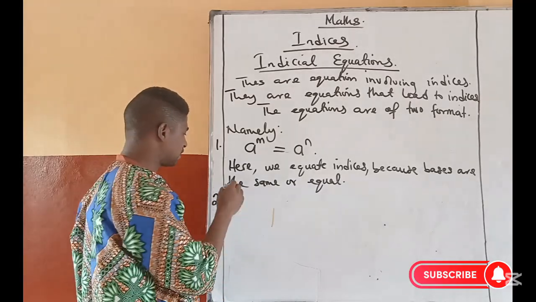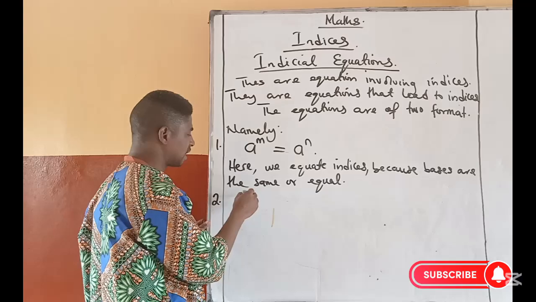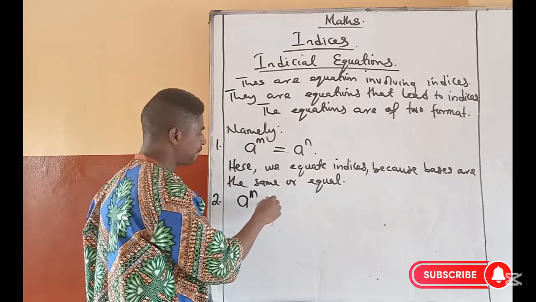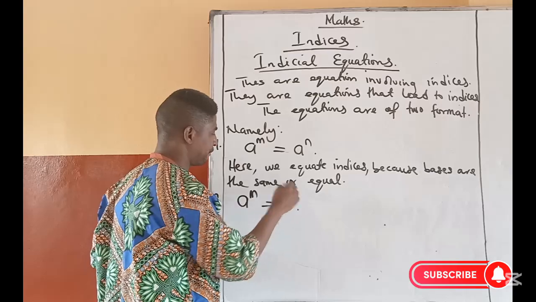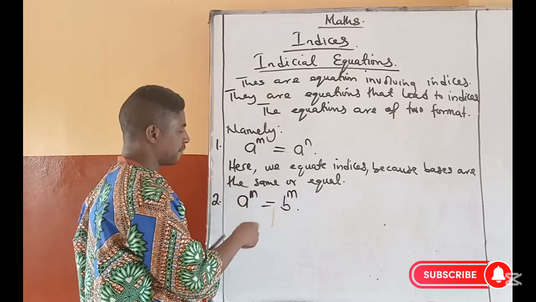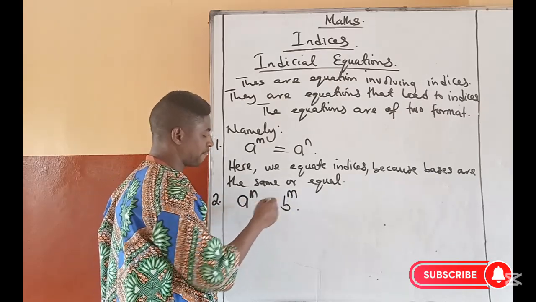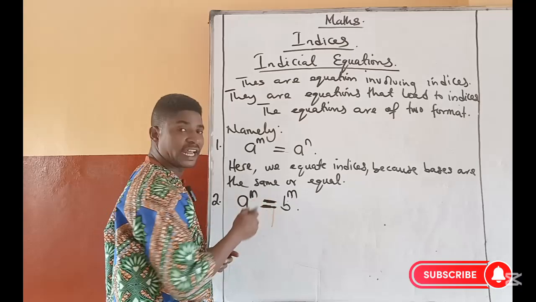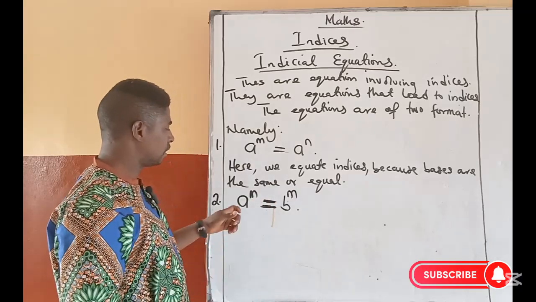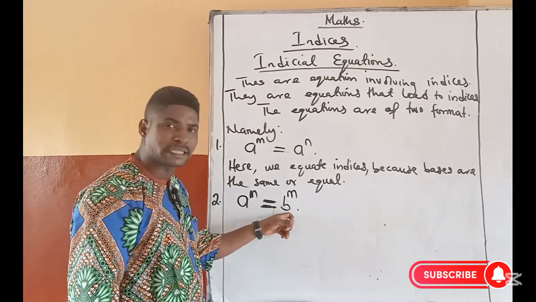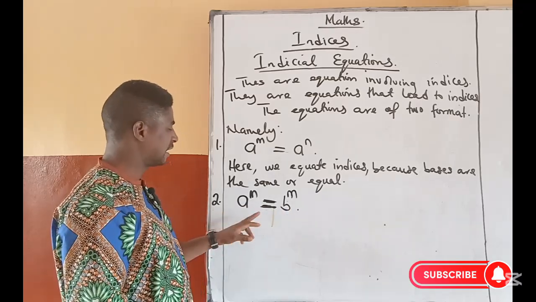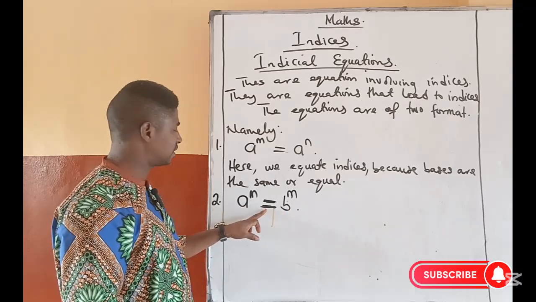Here is the second format. The second format is something like a raised to power m equals b raised to power m. Just like we earlier described, indicial equations are equations involving two mathematical terms separated by the equality sign.